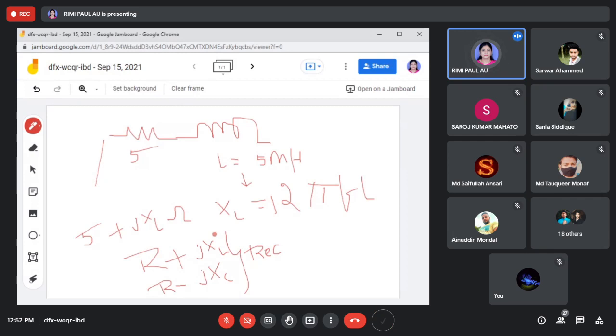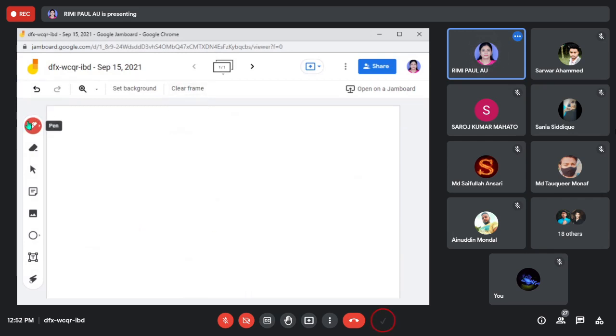Suppose I am giving you one problem. Suppose one form is 5 plus J5. This is a rectangular form. Another form is 6 minus J7.